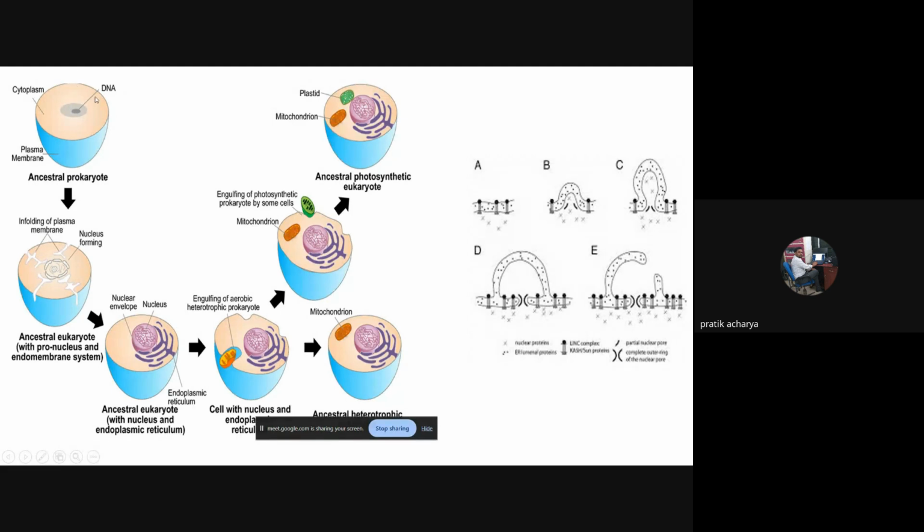If this is the cell and on the surface a protrusion or any kind of outgrowth occurs, that is generally known as blebs.